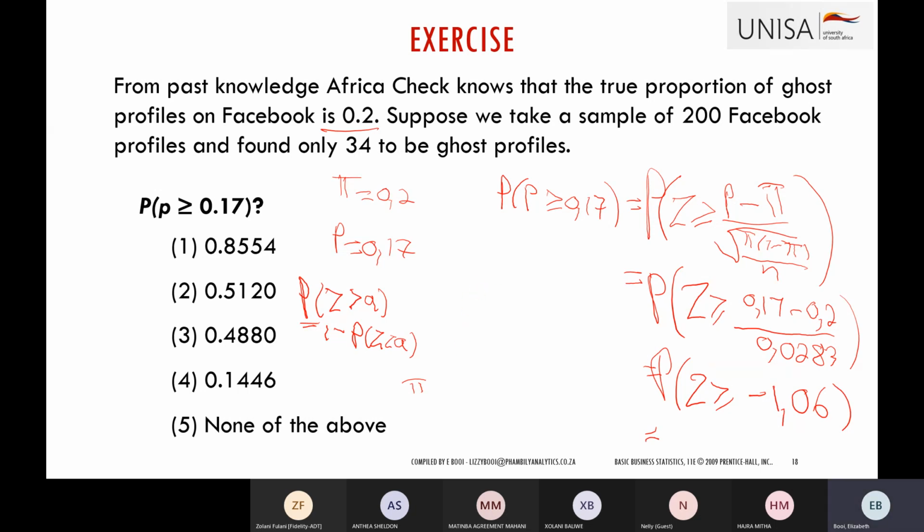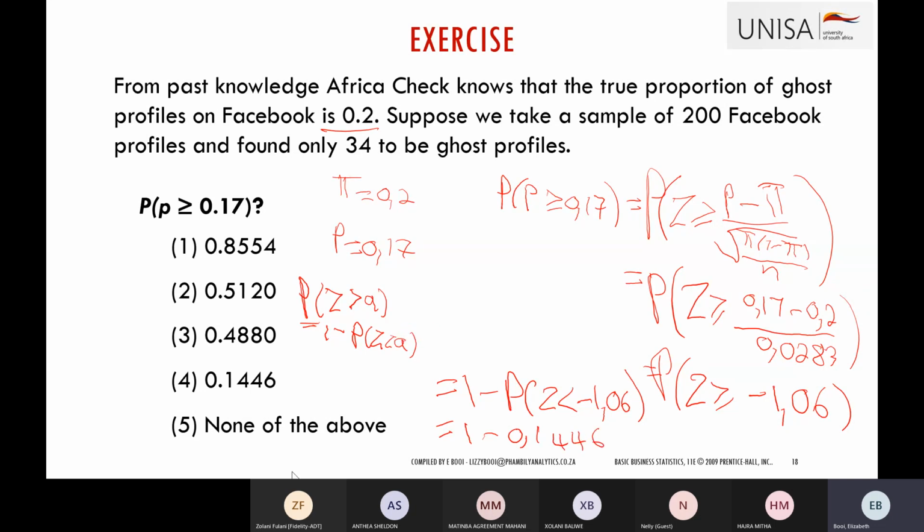But we need to remember that we need to apply the rule, which is 1 minus the value we find on the table, and on the table we went and found Z minus 1.06. So therefore we need to find 1 minus 0.1446.